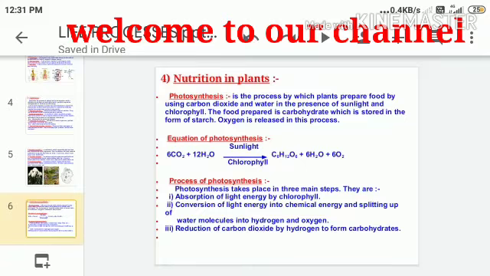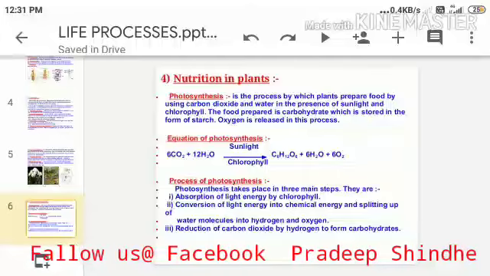The second one is conversion of light energy into chemical energy and splitting up of water molecules into hydrogen and oxygen. And the third one is reduction of carbon dioxide by hydrogen to form carbohydrates. So let us see the first step of the photosynthesis.